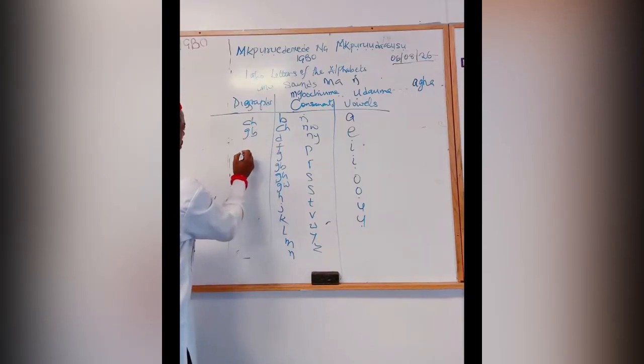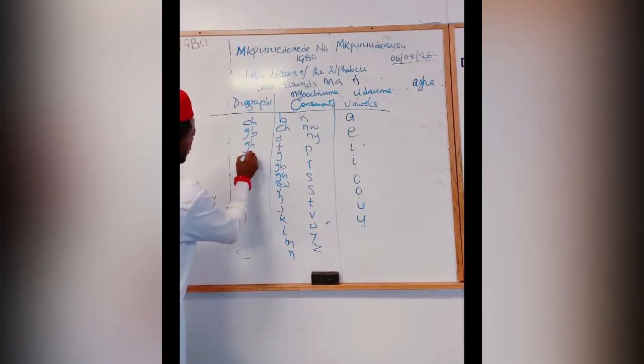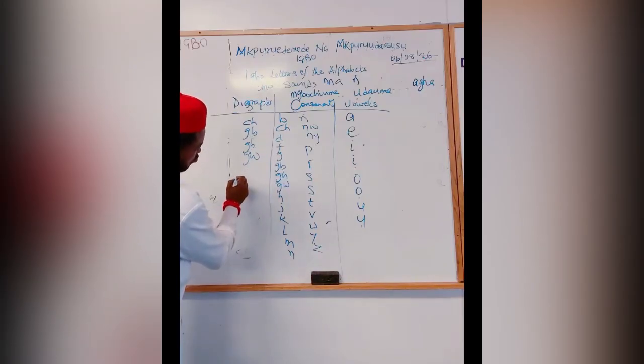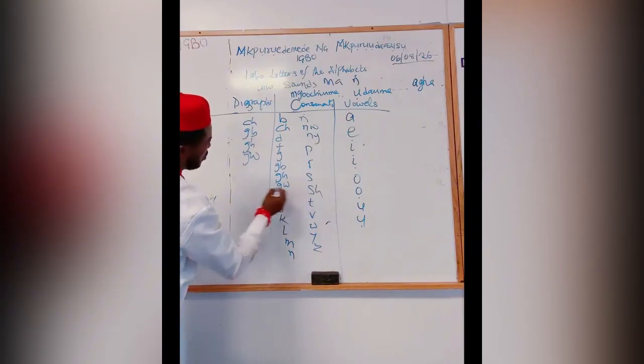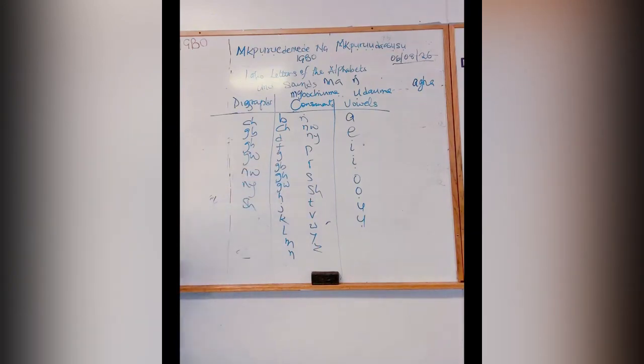Gw, nw, ny, sh. 1, 2, 3, 4, 5, 6, 7. Are there 7 or 8 or 9?